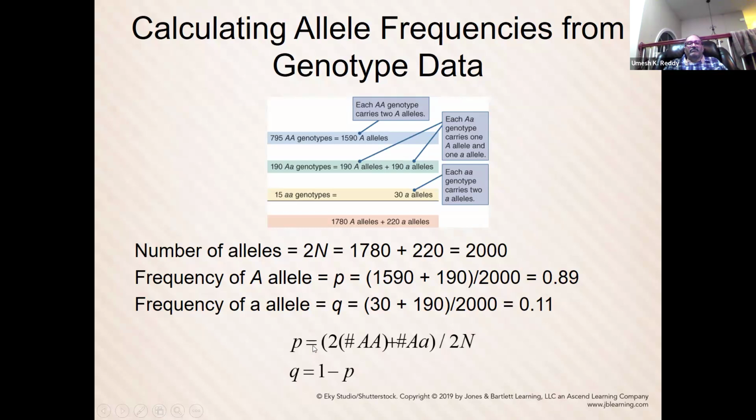So P is estimated like this: 2 times capital A A, plus half of capital A small a, divided by 2n. And Q is 1 minus P. Once you estimate P, you can estimate Q easily. If I give you 0.89 as the frequency of A, you don't have to go through all this. You will say 1 minus 0.89, so 0.11 is the frequency of a. So Q is naturally 1 minus P.